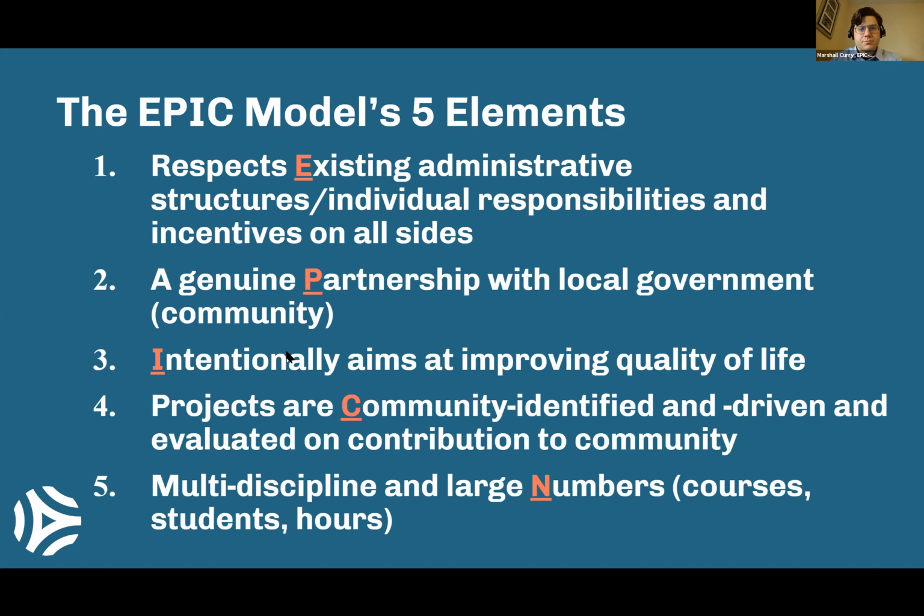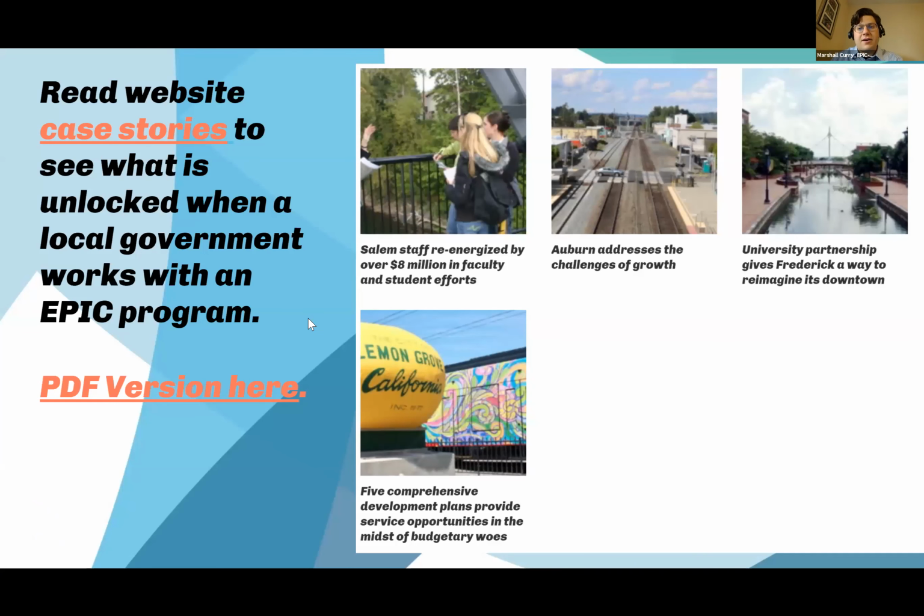We'll talk more about that in other videos, and you can get more information about this on our website, as I mentioned. You can also read about how the EPIC model looks when it's applied by a university with a community partner. Reading through our website case stories will highlight what is unlocked when local governments work with an EPIC program in an academic year or two, depending on how the university is structured, and what kind of impacts those communities make.